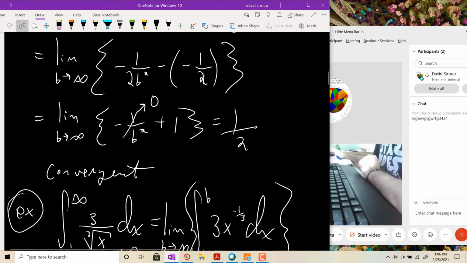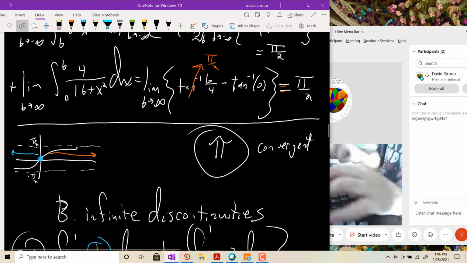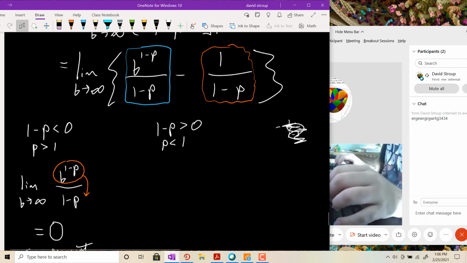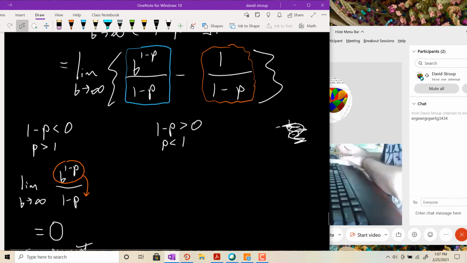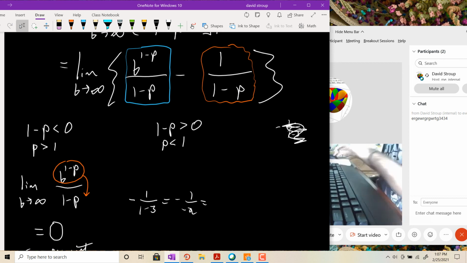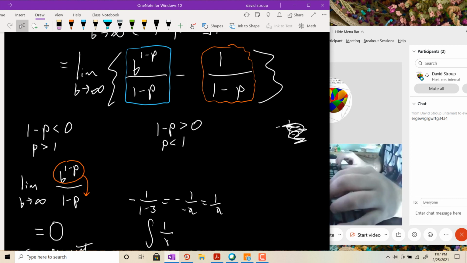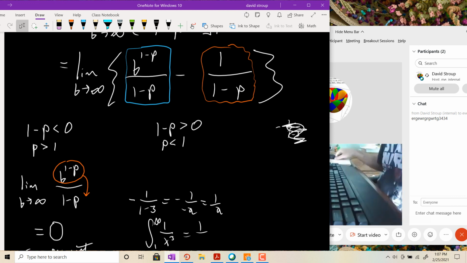How did I know it was wrong? It's because the formula is right there in red. If you plug 3 into the formula, you get negative 1 over 1 minus 3, which is negative 1 over negative 2, which is 1/2. So the integral of 1 all over x cubed from 1 to infinity should be just 1/2.